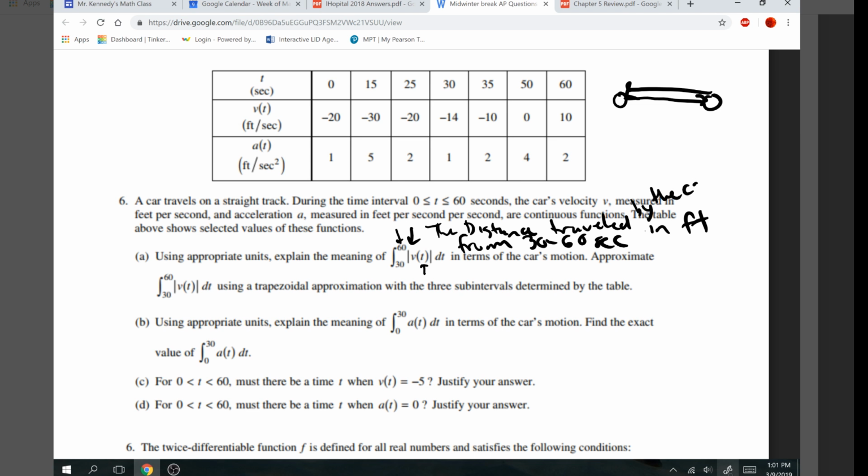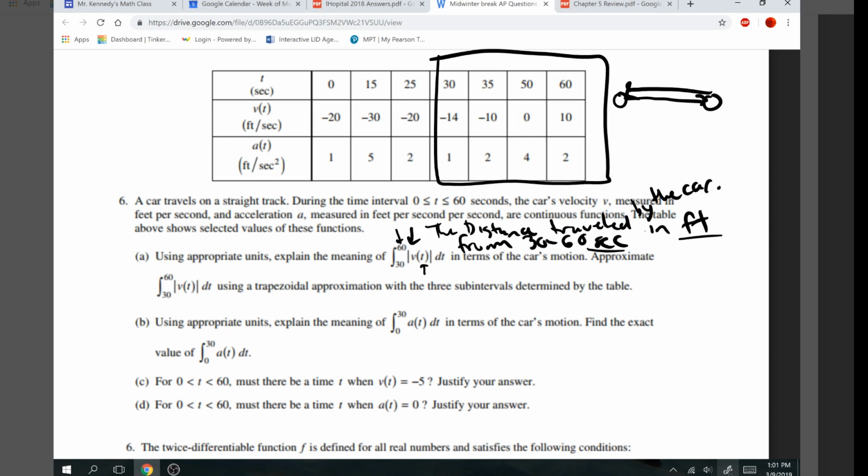I'm not sure. I don't think that would lose any points, though, not specifying it. The big part is that you use feet and seconds in your answer to be as specific as possible with the units. All right, then it says approximate the integral using the 3 subintervals in the table.